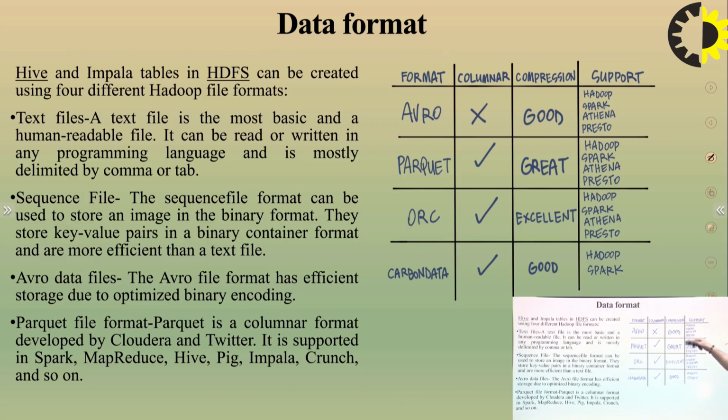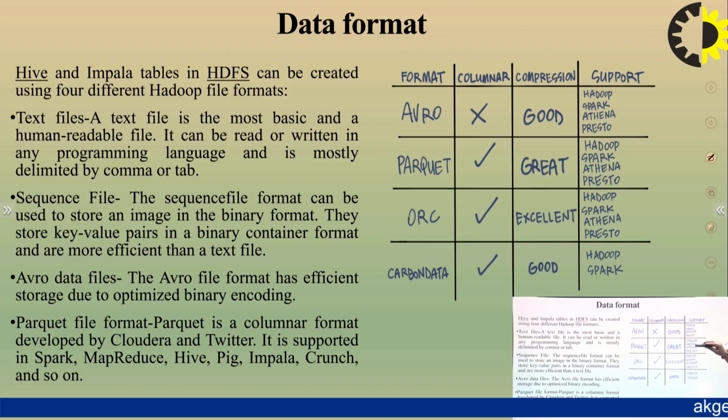Compression: good, great, excellent, and good. For support, here we will use Hadoop, Spark, Athena, and Presto. Parquet uses Hadoop, Spark, Athena, Presto, and is excellent. ORC uses Hadoop, Spark, Athena, Presto, and CarbonData uses Hadoop and Spark. Okay, these are the formats. We will use different types of formats.